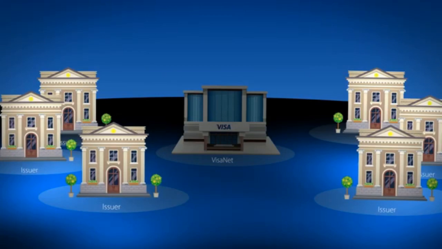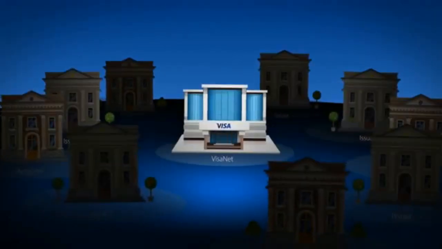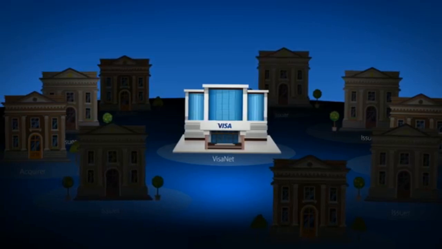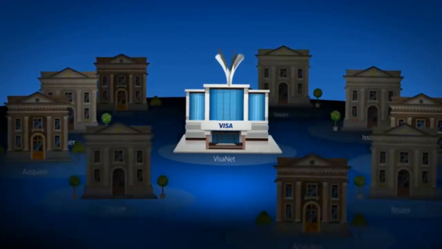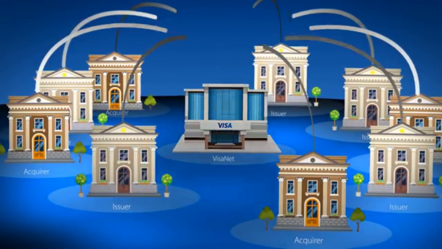Once the clearing of the transactions has commenced, the final step of the payment process takes place. This step is known as settlement. During the settlement process, VisaNet consolidates every electronic payment transaction worldwide and sends consolidated net settlement statements to the participating issuers and acquirers.